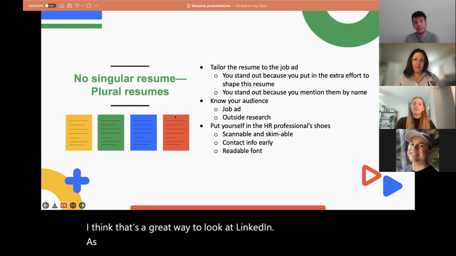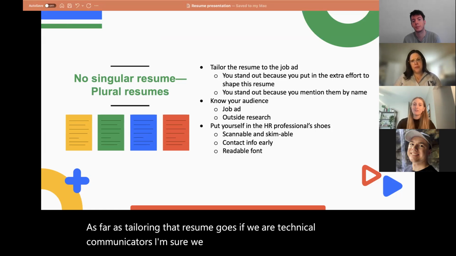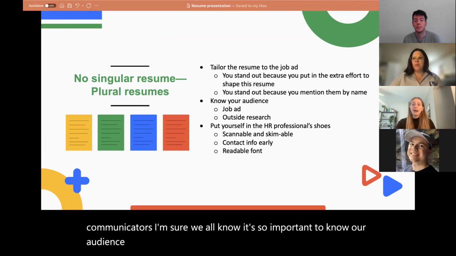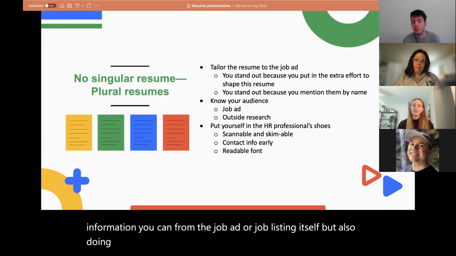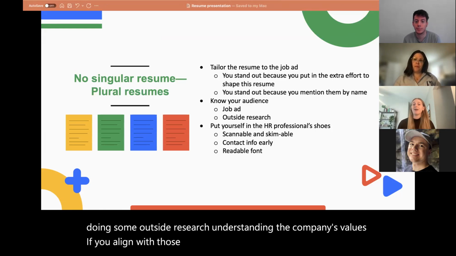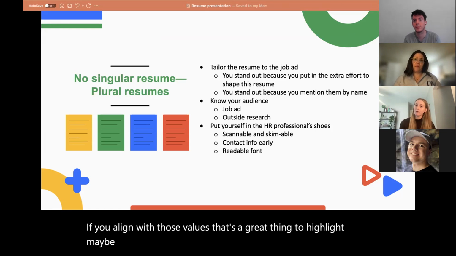As far as tailoring that resume goes, if we are technical communicators, I'm sure we all know it's so important to know our audience. So as Art mentioned, that can mean pulling as much information as you can from the job ad or job listing itself, but also doing some outside research, like understanding the company's values. If you align with those values, that's a great thing to highlight, maybe more in the cover letter.